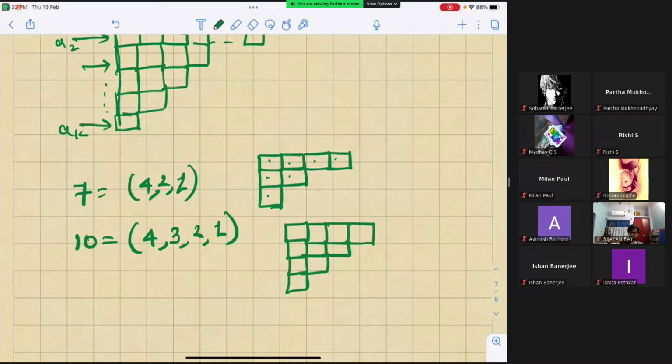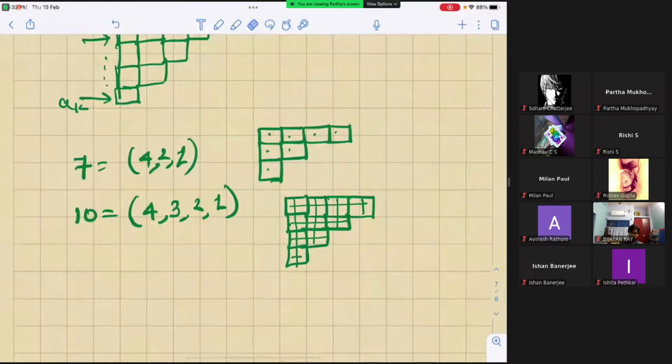Now notice one interesting thing about this Ferrers diagram for 10. If you count from the column side also, it is the same thing, right? If you count the row side, this is 4, 3, 2, 1. From the column side also, this is 4, 3, 2, 1. And this gives you a definition, self-conjugate.